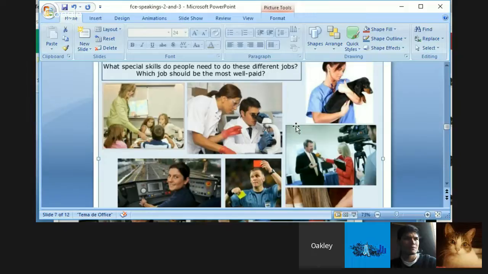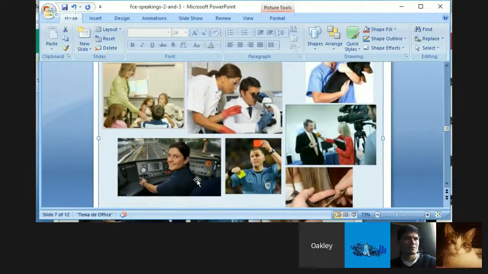Maybe measure his heart, I guess, beating heart. And down below we see a woman. I guess she's a train driver, and she's maybe taking a picture when she was in the cabin of the driver. So it would be a nice memory for her, by the way.